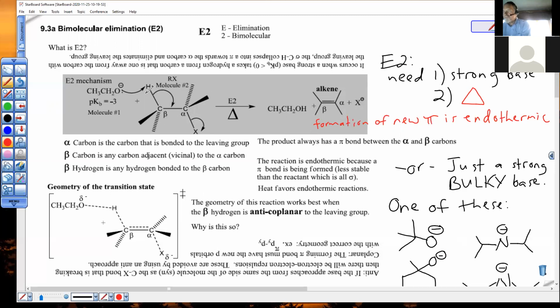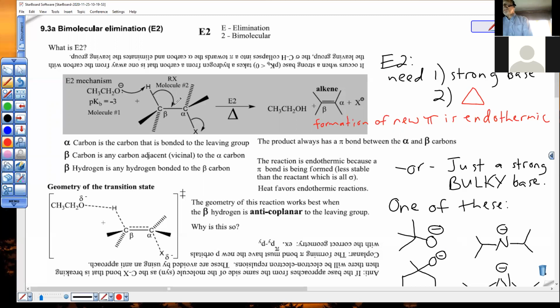The geometry. This reaction works best if the electrons flow away from each other. And that's best if we have the H sticking one way and the leaving group 180 degrees away. Okay. You do know you're making a pi bond, right? Do you remember what orbitals make pi bonds? P orbitals make pi. So this pair of electrons used to be in a hybrid orbital, sp3 C to H, and it's ending up as a pi bond.